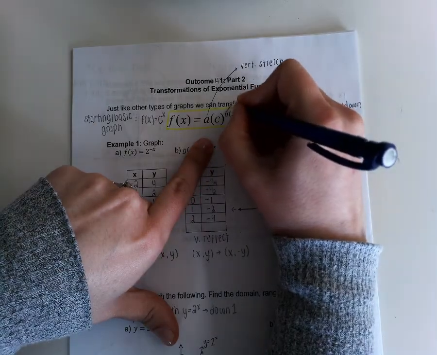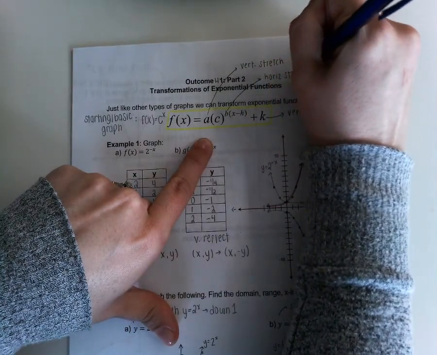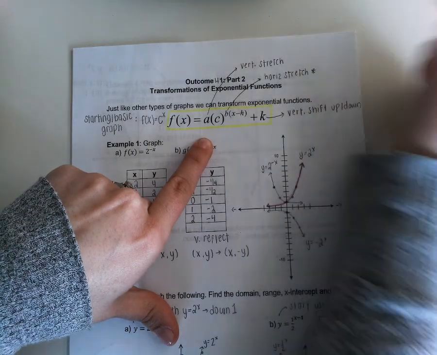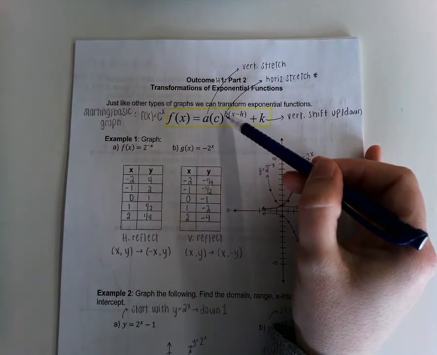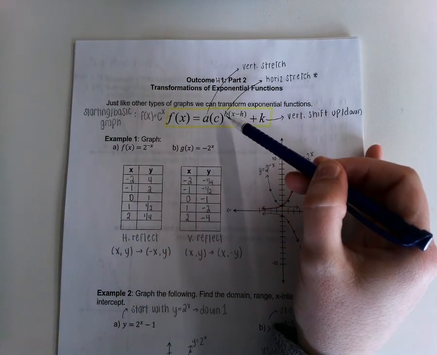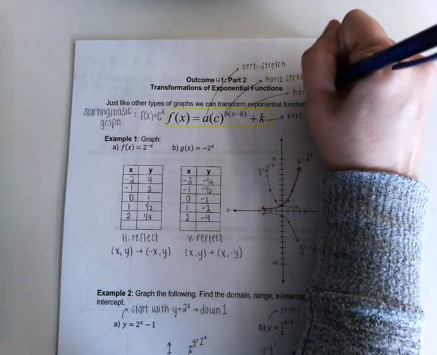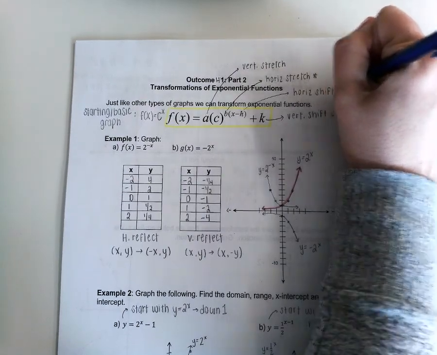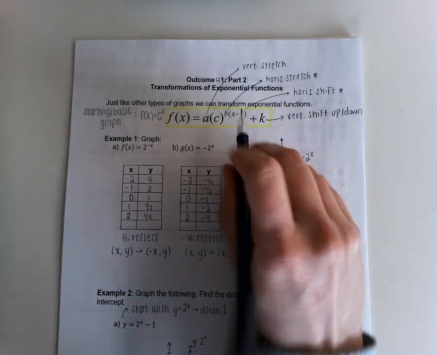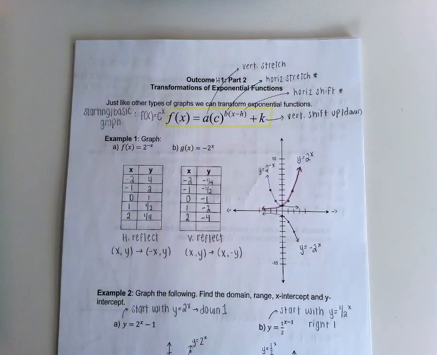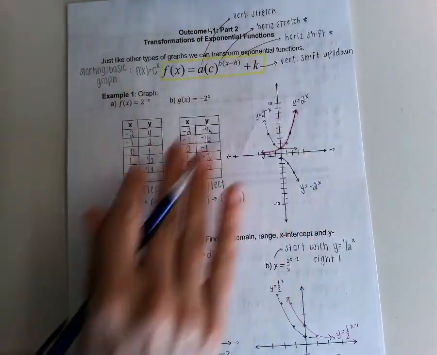Here inside, B is a horizontal stretch, and remember, when we're dealing with horizontal transformations, they always do the opposite of what they look like. So if the B value is 3, it's actually a stretch by 1/3. And the H value is a horizontal shift. And again, these do the opposite of what they look like. So if it's -5, it's actually a shift 5 to the right, even though it looks like it should be to the left.